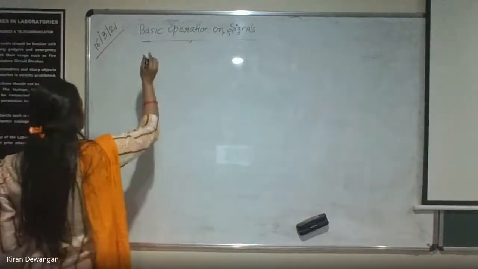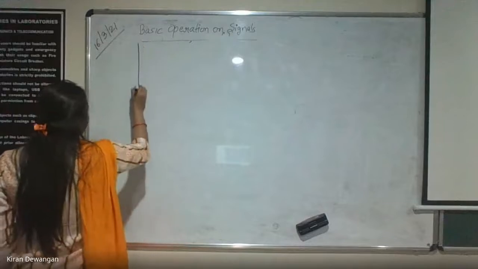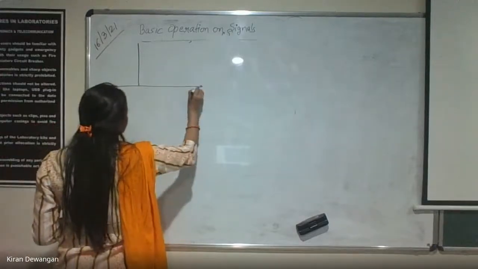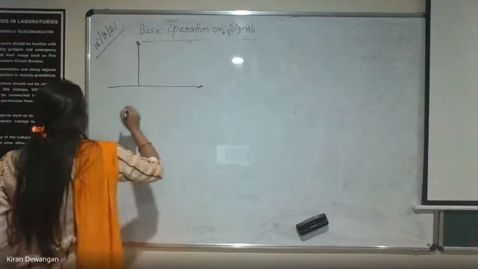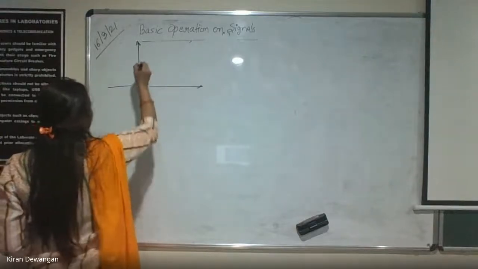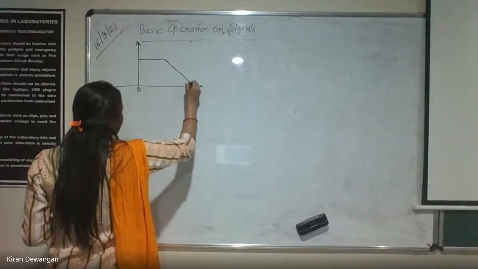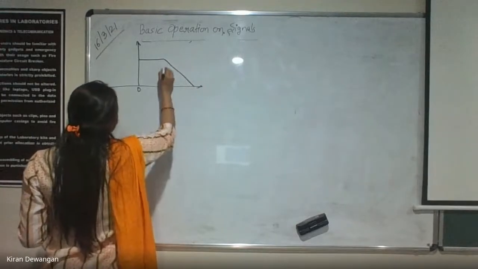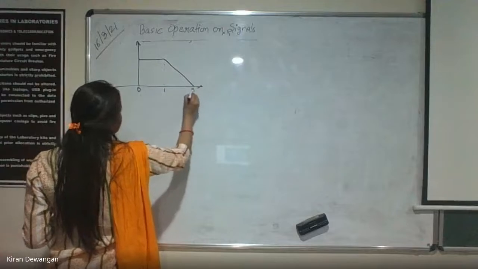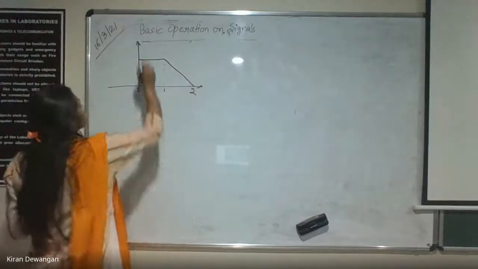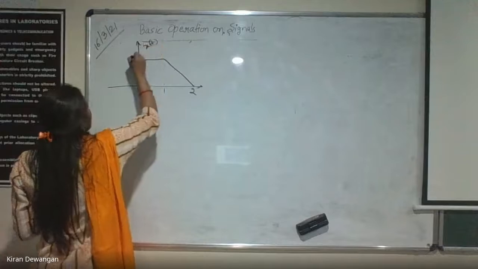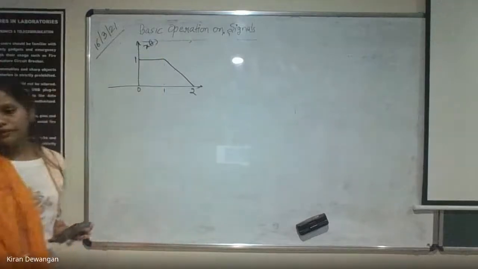Now the numerical is: this is my x(t), which starts at 0. This value is 1, this value is 2, and this is 1.